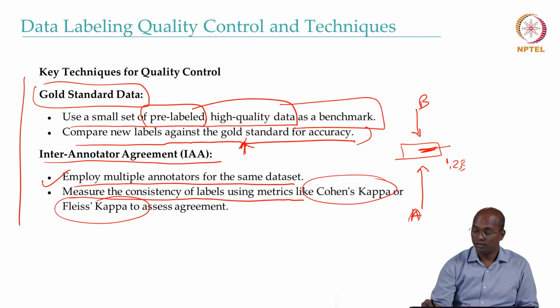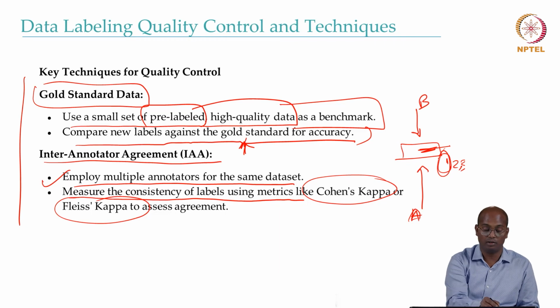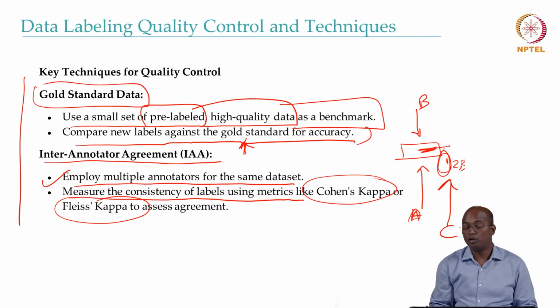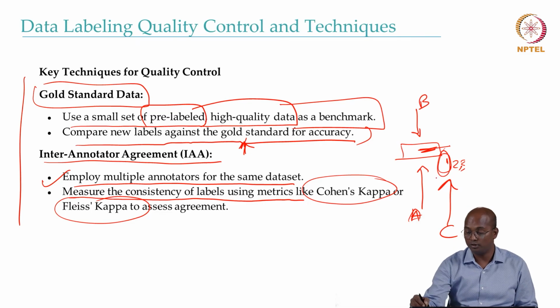If person A opted for option 1, and B also opted for 1, it means there is agreement between the two annotators. You can also ask a third reviewer or annotator to label it, who can also select 1, 2, or 3.